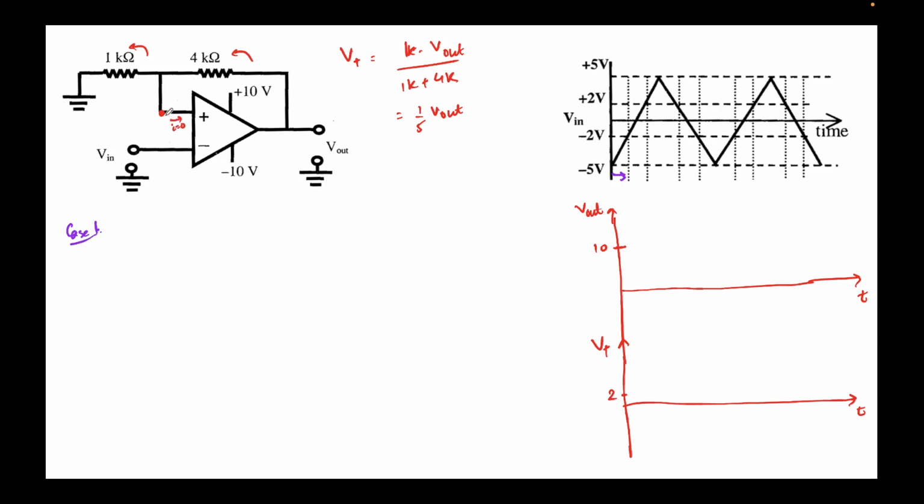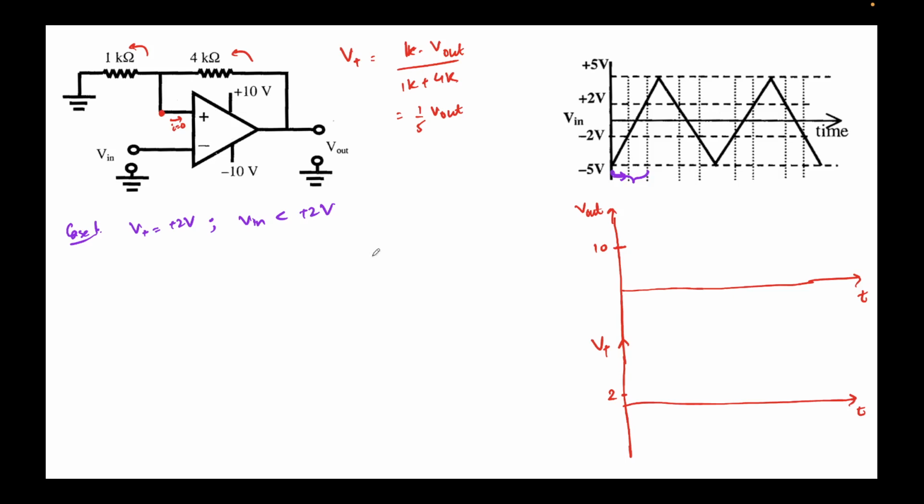For case 1, V plus is plus 2 volts, and we are considering case 1 when V in is less than plus 2 volts. I am interested only in this region firstly, because that is the reference that has been set. So V in is less than plus 2 volts, and because this was the reference, V plus is plus 2 volts. Now I'll analyze how this op-amp will behave.